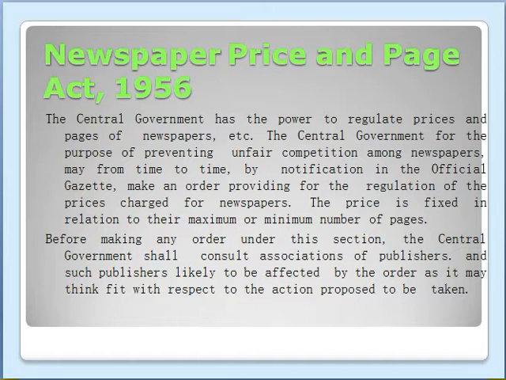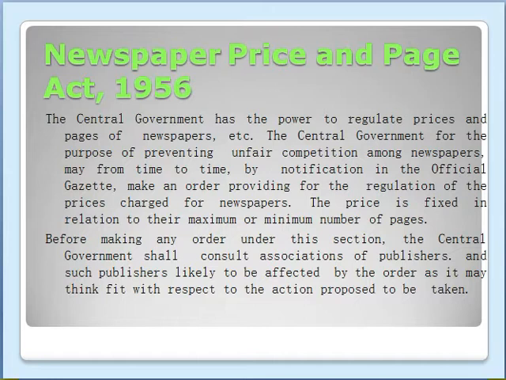It says, to add to the previous one, that the central government has the power to regulate prices and pages of newspapers. The central government, for the purpose of preventing unfair competition among newspapers, may from time to time, by notification in the official gazette, make an order providing for the regulation of the prices charged for newspapers.